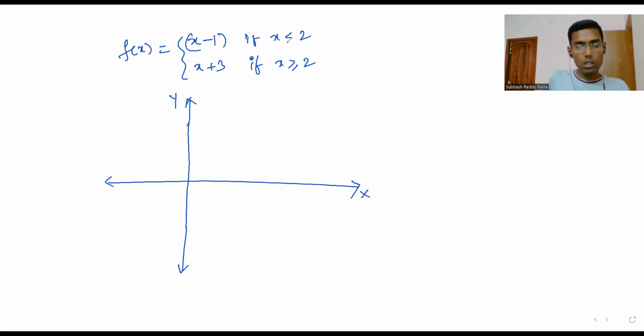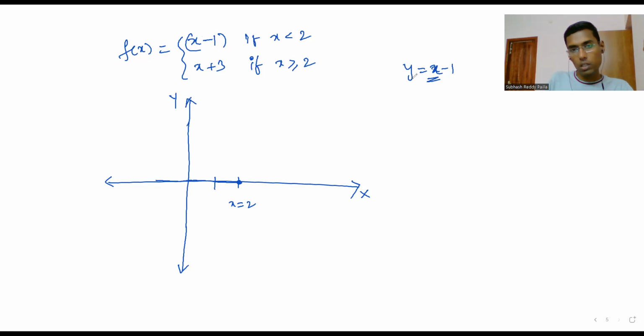So x is less than 2. Let's take x here, and less than 2 means here, up to 2, x minus 1. So y equal to x minus 1. You have to check: its slope is 1.